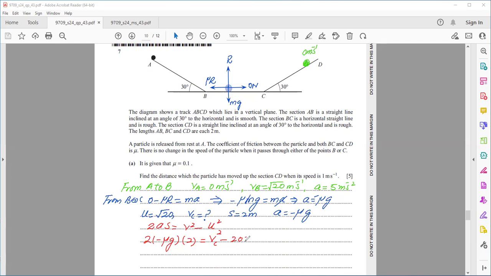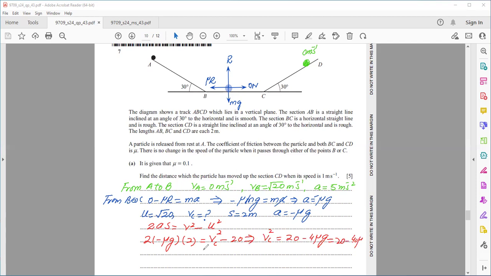After calculation, I will get VC square becomes 20 minus 4 times mu times g. The value of g is 10, so it becomes 20 minus 40 times mu. So that's the velocity at point C.